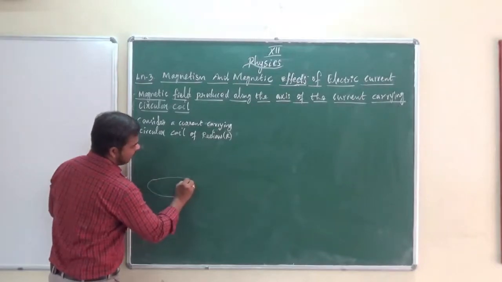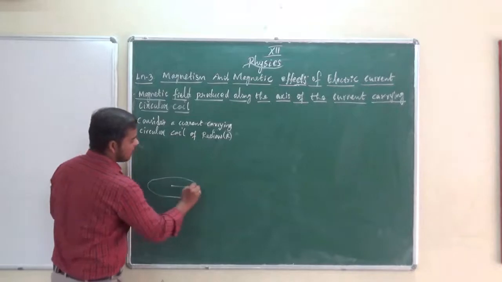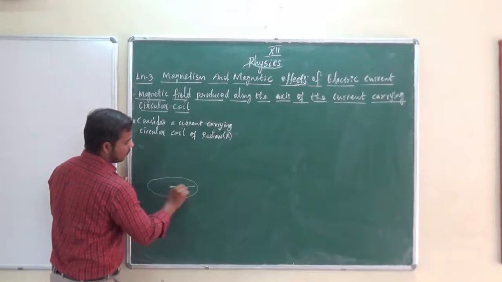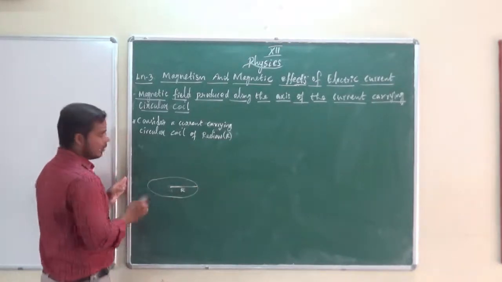A circular coil of radius R, that represents the radius. R denotes the radius of the circular coil.